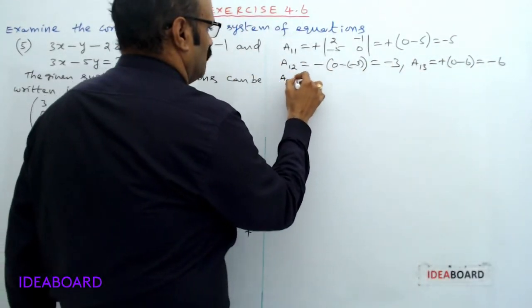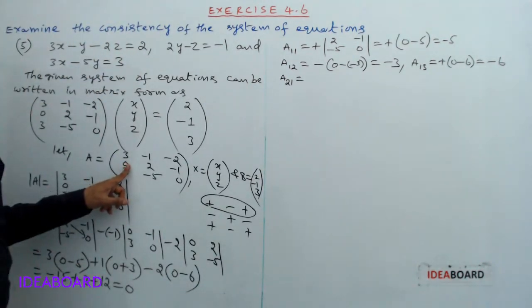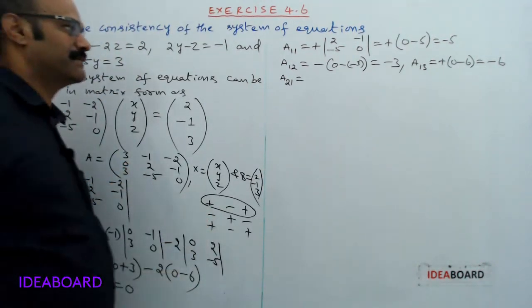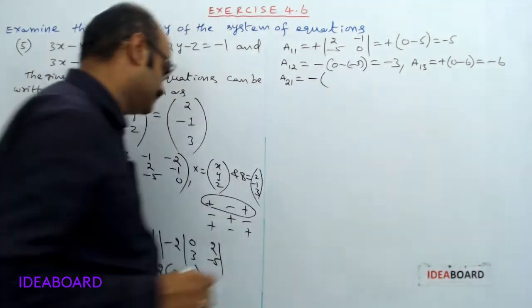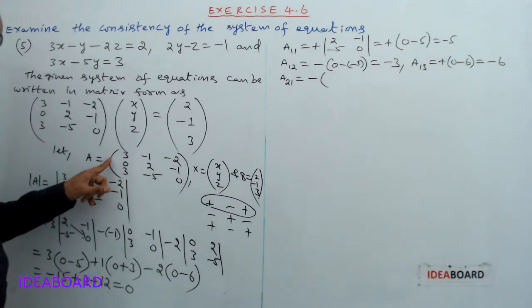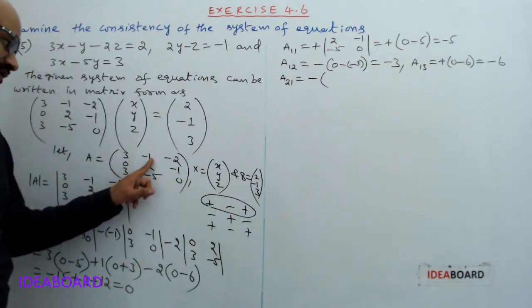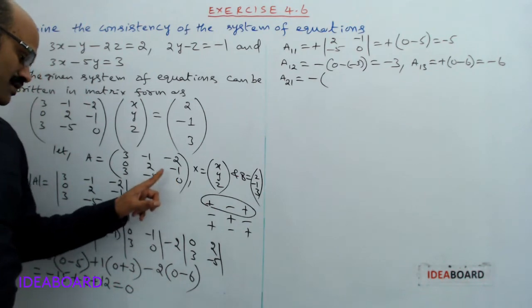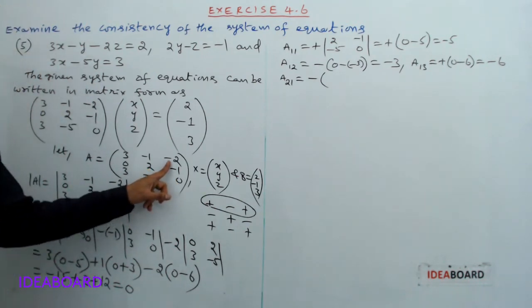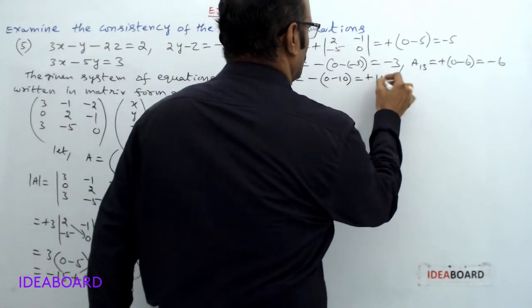Next, A21, cofactor of 0. We have the sign minus, minus of cofactor of 0. The element 0 lies in second row and first column. So minus 1 into 0, 0 minus 10. 0 minus 10 equal to plus 10.